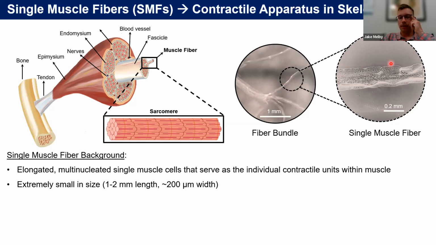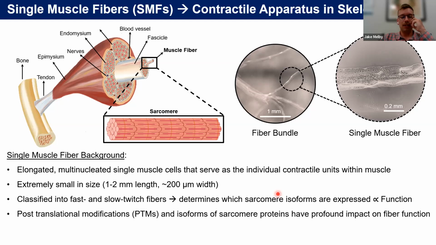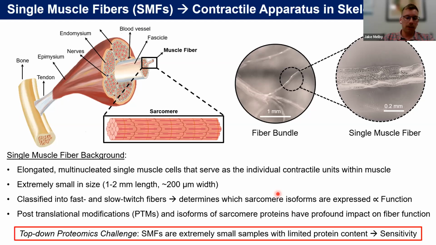And using a nice enough microscope, we can actually start to see some of this multinucleation, as well as some of the muscle striations found within the muscle. They're classified as fast and slow twitch fibers, which determines which isoforms are expressed as well as their function. And PTMs and isoforms of these proteins have really important effects on the function of the fiber.